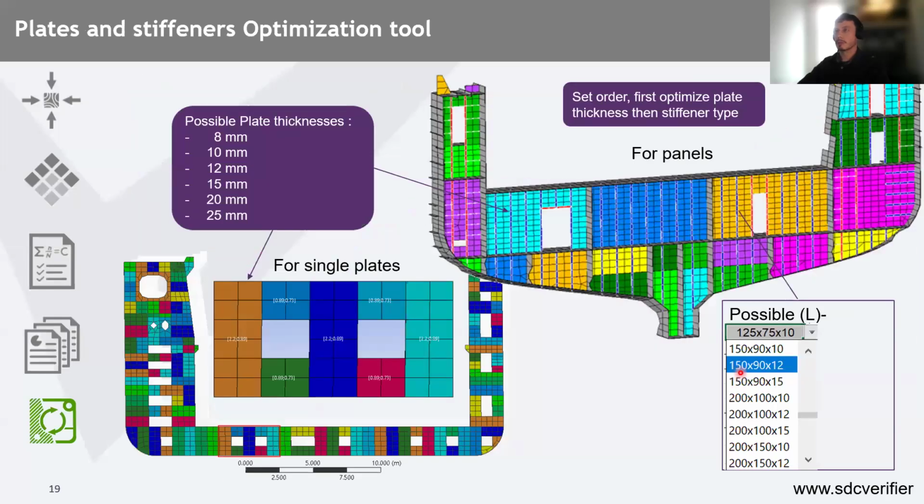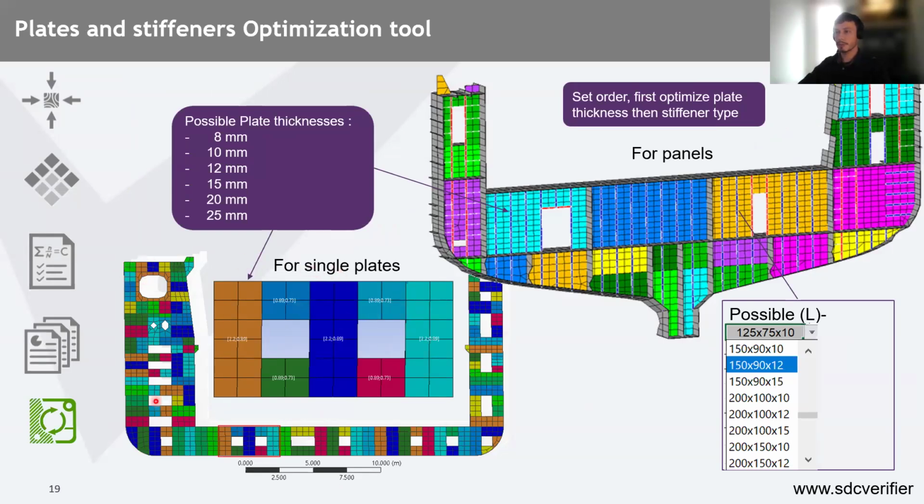Then the next group of optimization would be plate and stiffeners optimization. So as I mentioned, it's crucial to properly recognize your model, to recognize the structural members of your model. All the checks are not done on simple finite elements, but they are done on the members.